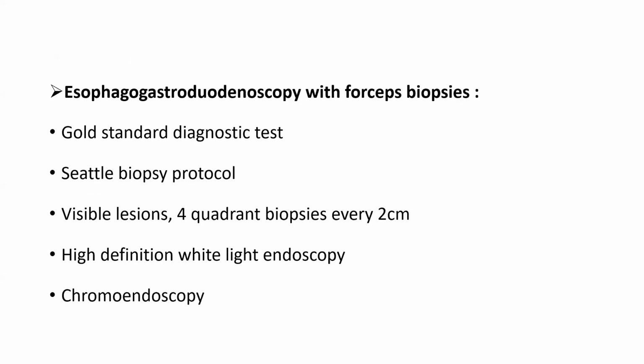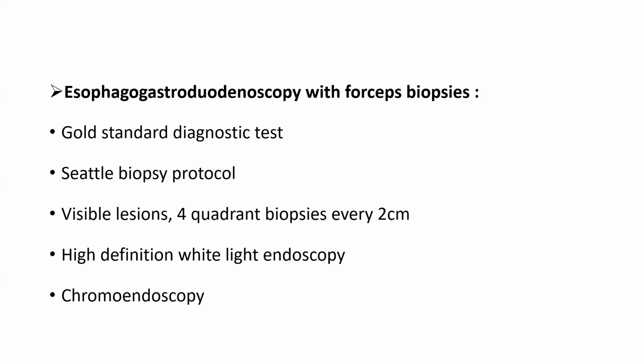Yes, gastroduodenoscopy with forceps biopsies is the gold standard diagnostic test. And to maximize the possibility of detecting Barrett esophagus, the ACG recommends a minimum of like 8 biopsies, 2 from each quadrant at 2 centimeter intervals for short segments of Barrett mucosa.